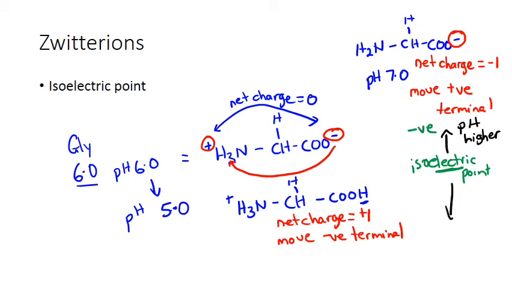Is the pH lower? If so, it's positive. So if you can remember that, if the pH is higher than the isoelectric point, the molecule is going to be negative. If the pH is lower than the isoelectric point, then the molecule is going to be positive.